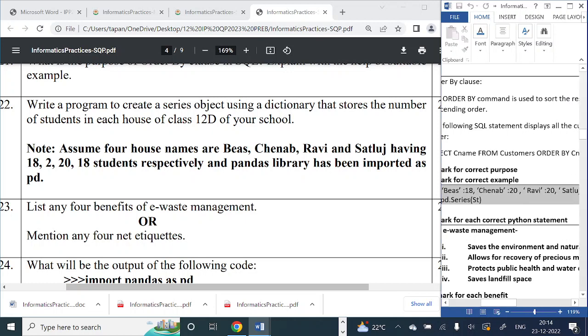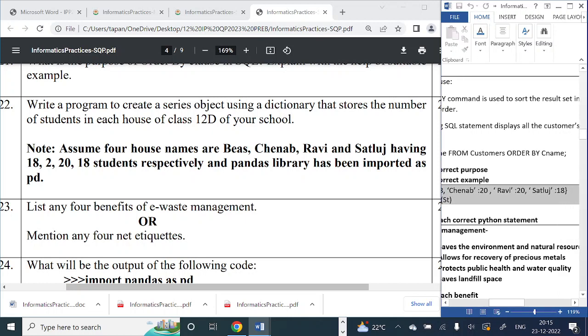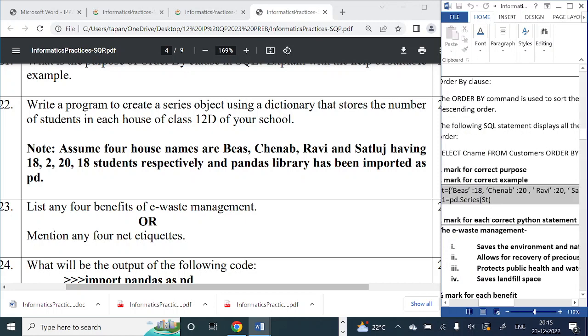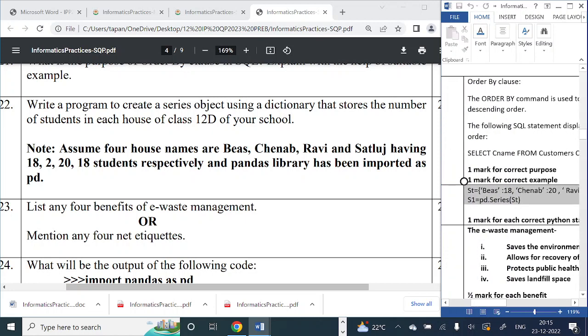So here the key is BS and the value is 18, Chenab is 20, Ravi is 20 and Satlaj is the key and the value will be 18. So we have created a dictionary and then we are creating a series using the dictionary. Be careful, pd.Series, S will be capital in Series, and in brackets the name of the dictionary. This is one method.